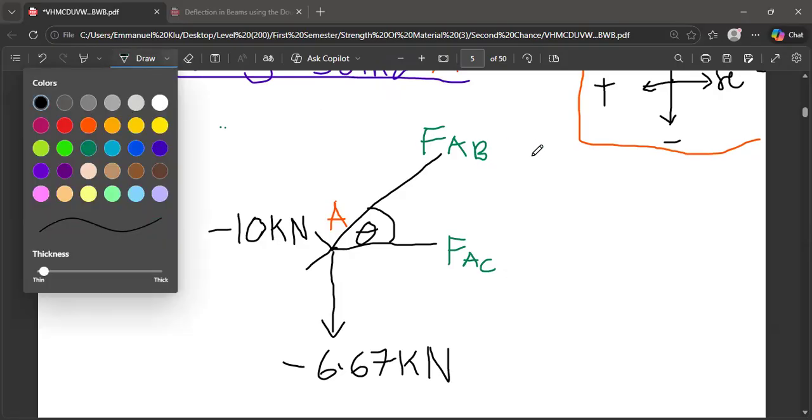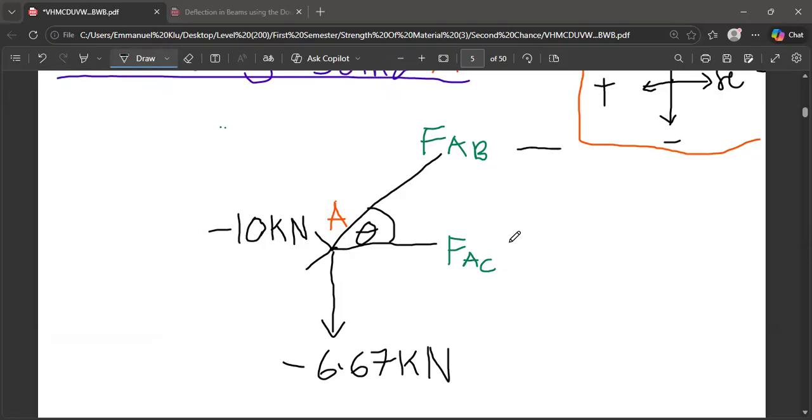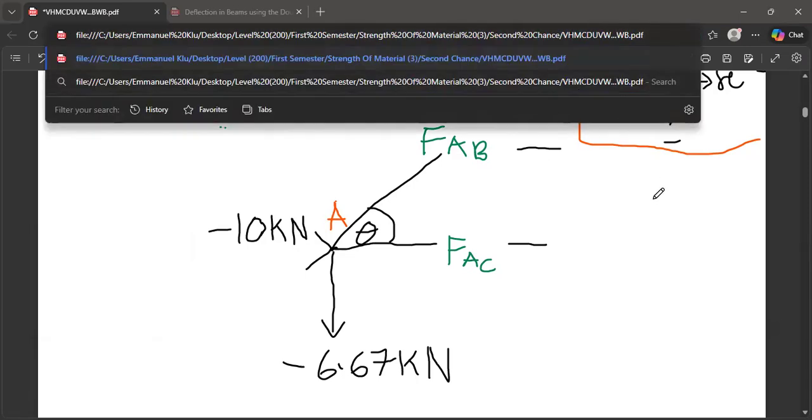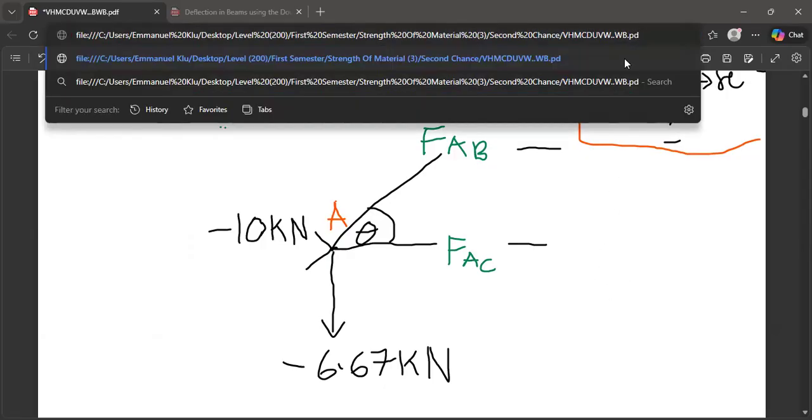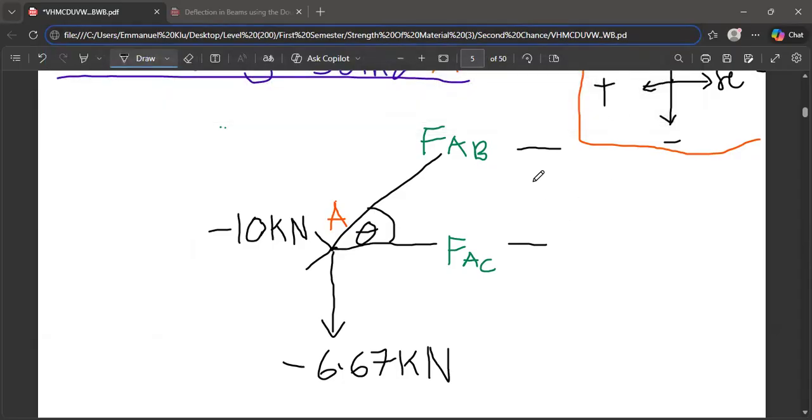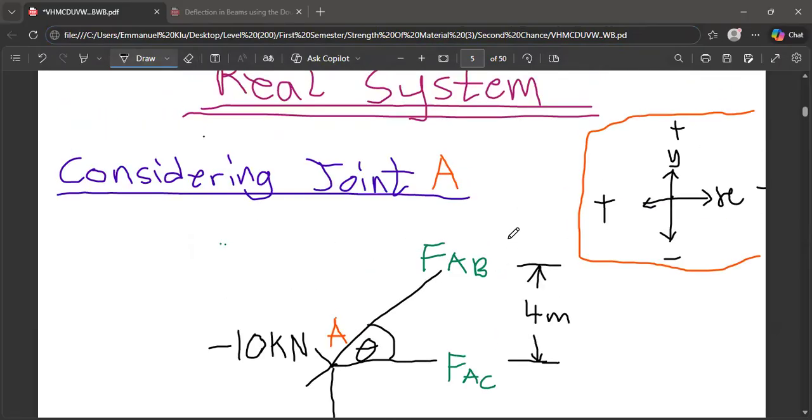As we all know, this is the height. So let's put the height down. This is 4 meters. Exactly as we have done, as you are seeing over here.